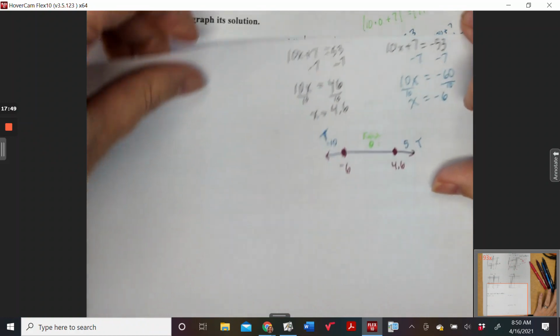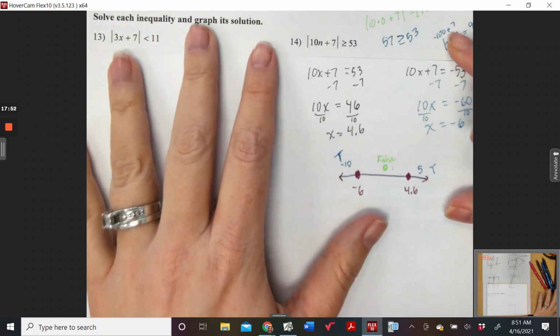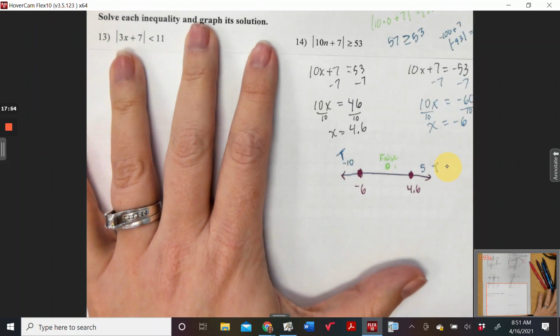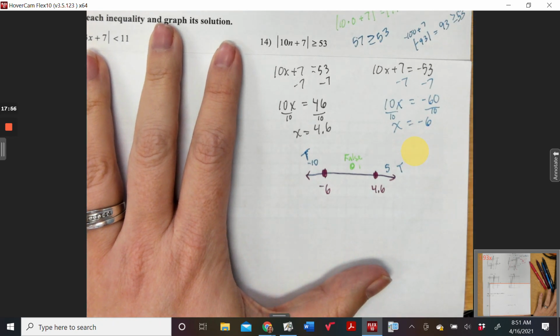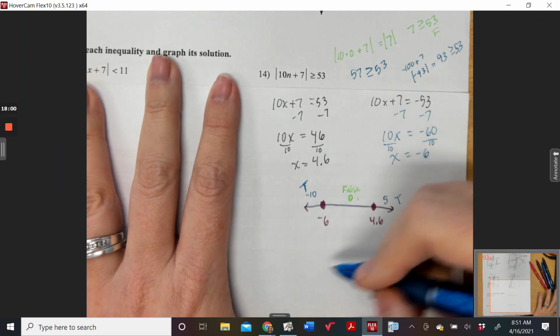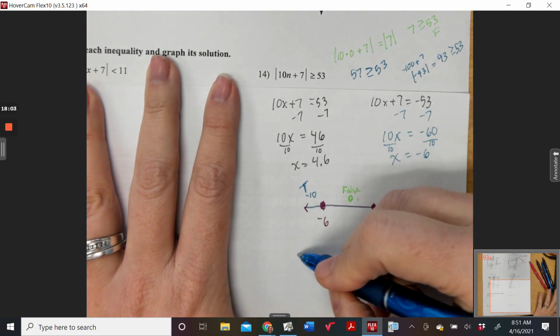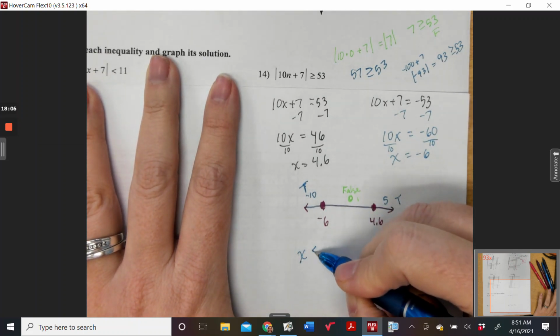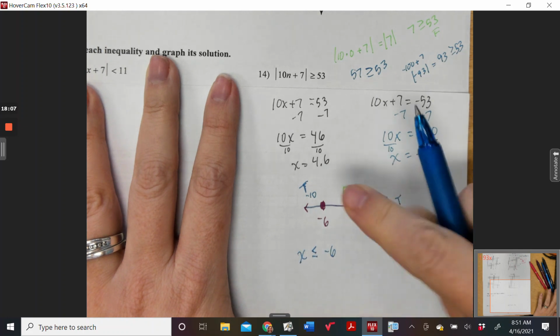So when I write down my solution set, and this is the part that's a little confusing for nearly everyone I've ever taught this to, and maybe it's me then, right? It's probably me. But x is less than or equal to negative 6. That's this part.